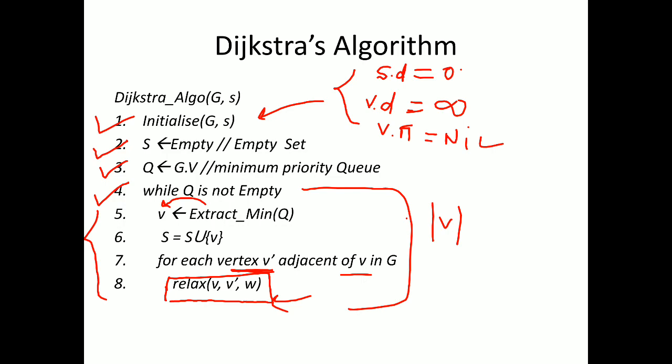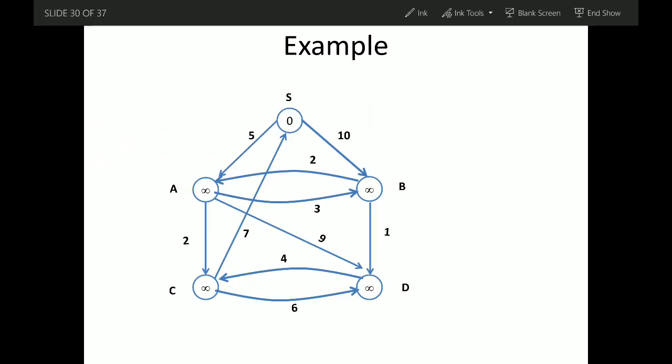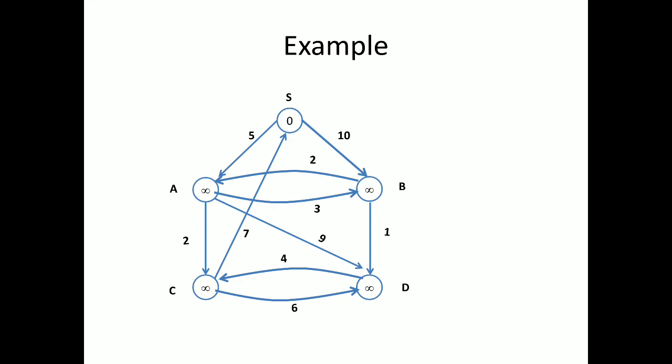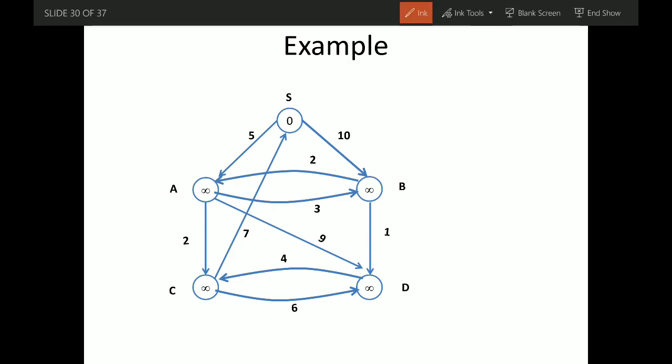Okay, so now see this example. Suppose we have 5 vertices S, A, B, C, D. S is our source vertex from where we have to calculate the shortest path to each vertex, and all the edges have some positive weight in Dijkstra.